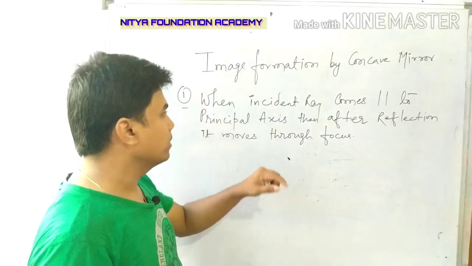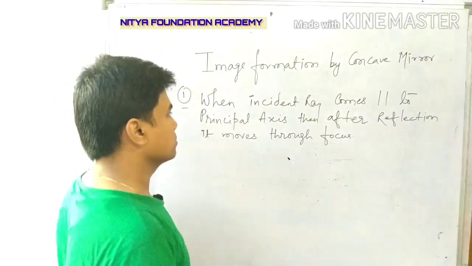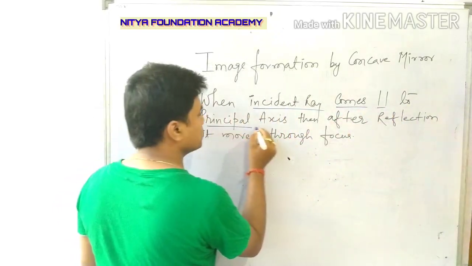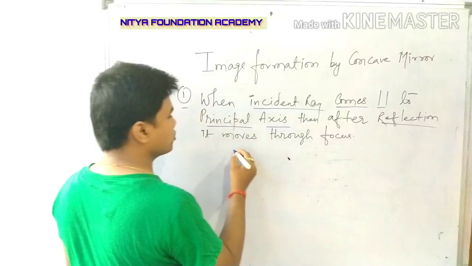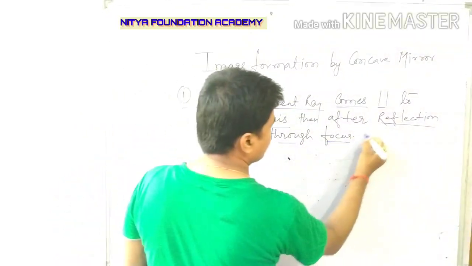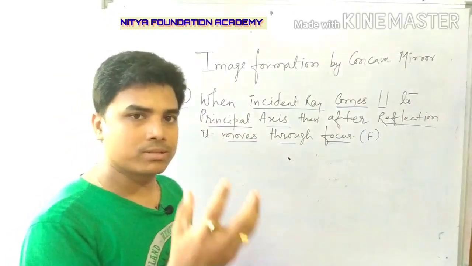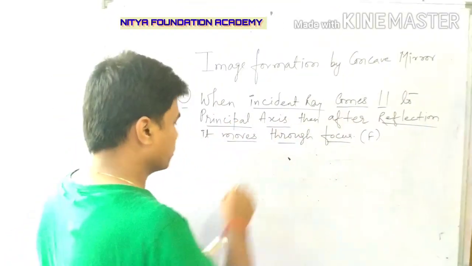So students, what I am writing here is that when an incident ray comes parallel to the principal axis, then after reflection, what happens? After reflection it moves through focus. We have to first understand what actually happens during this statement.